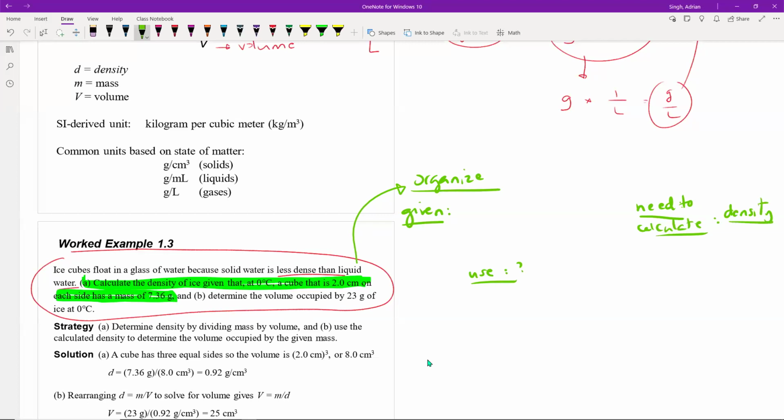So how do we calculate density? Well, we just talked about it. Density is equal to the mass over the volume of that particular substance. So what are we given in the problem? Well, we're given the mass of this thing as 7.36 grams.